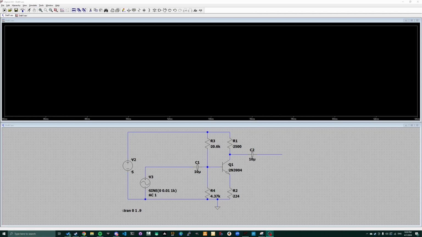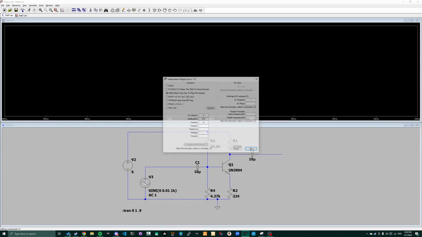All right, so as you can see here, I'm in LTspice, and I've built up the circuit that we just designed. This voltage source here is set to 5 volts, like we determined, and this is my input. You can see it's a 1 kilohertz sine wave, and its amplitude is 10 millivolts.